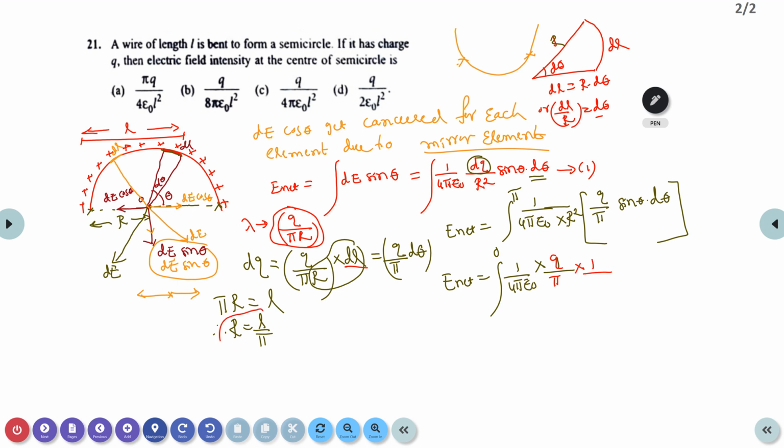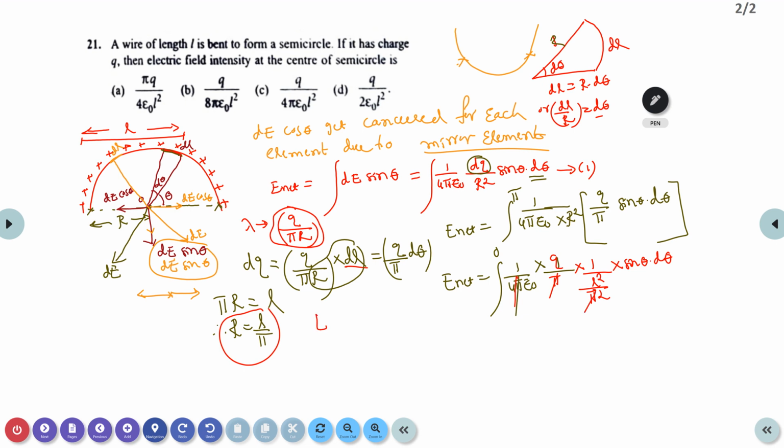What is r square? r square equals L square divided by pi square, into sin theta into d theta. Now you check it, students. This pi and this pi square get cancelled.